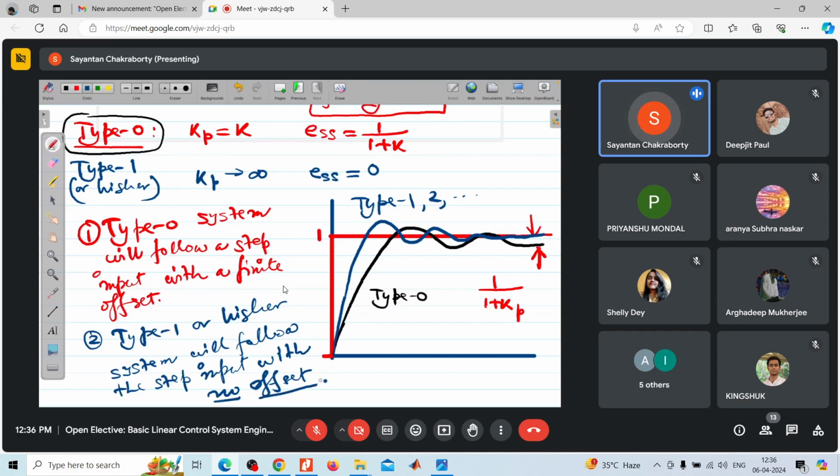So if you keep on increasing the type, obviously there will be no offset. Only the offset will be for type 0 system. So this is specifically for a step input.